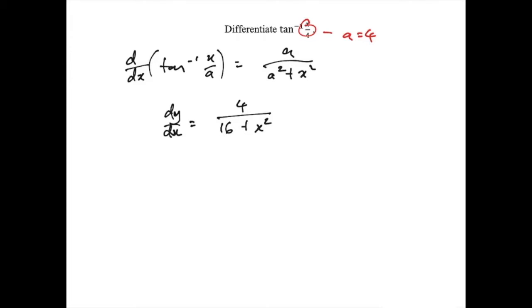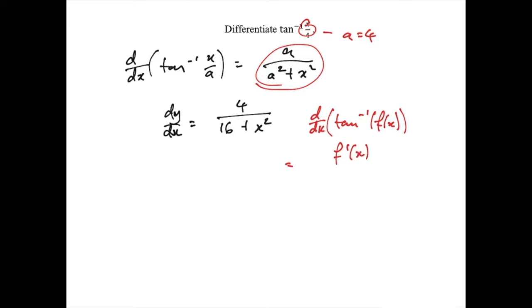That's easy. But if you can't remember this, on our reference sheet we have d dx of inverse tan of a function of x, and the result there is the derivative of that function over the function squared plus 1.